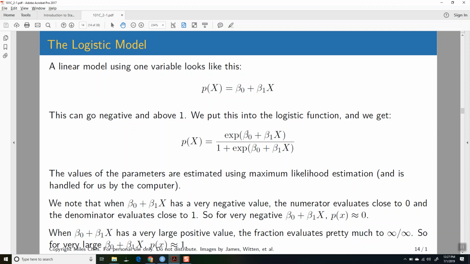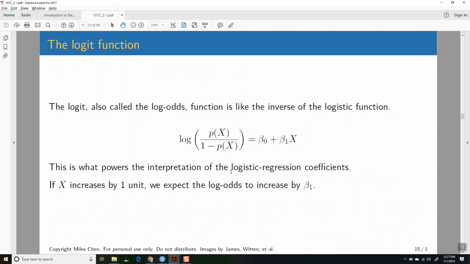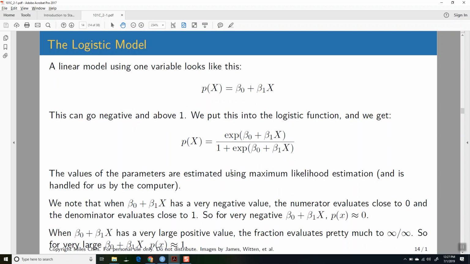Okay, and so for a very large beta 0 plus beta 1x, this value asymptotically approaches 1, okay? And so we can see how this will have an output between 0 and 1, which makes it suitable for modeling probabilities, which are bounded between 0 and 1. Okay, so that's the logistic function.